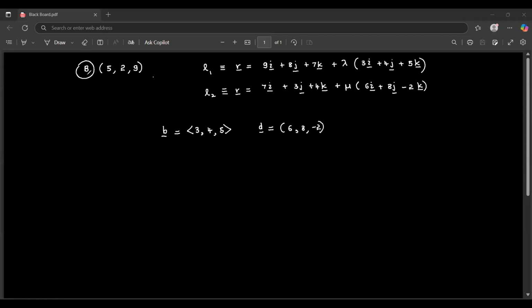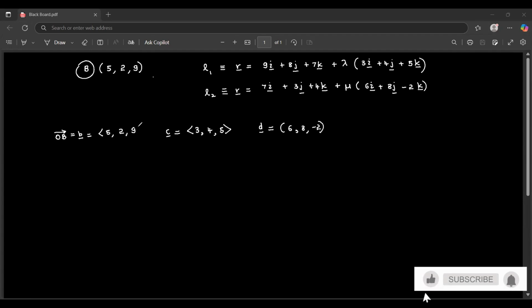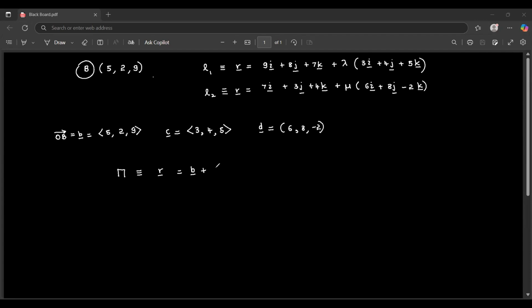But since this is B, instead of vector B, let's use another letter, maybe C. And OB, the position vector, which is B, can be given as ⟨5, 2, 9⟩. Now I can come up with the vector equation for the plane phi, and it can be given as r = b + sc + td, where s is a real number and t is a real number.